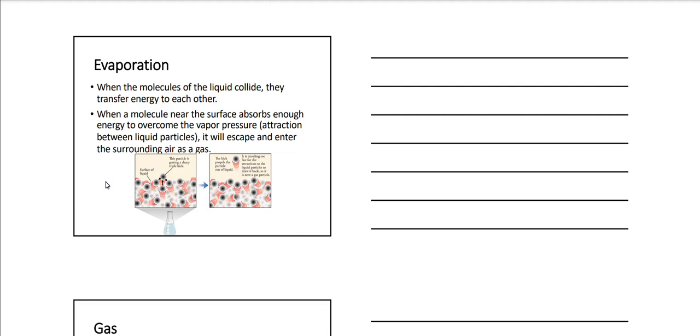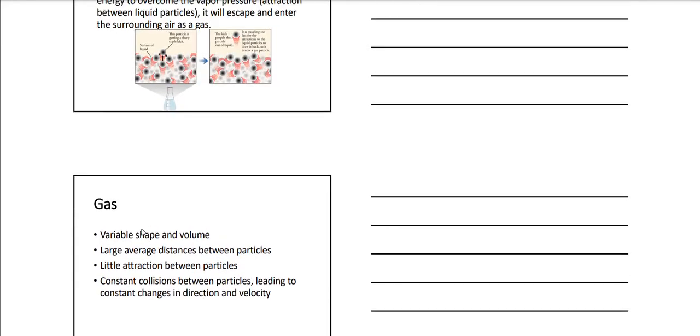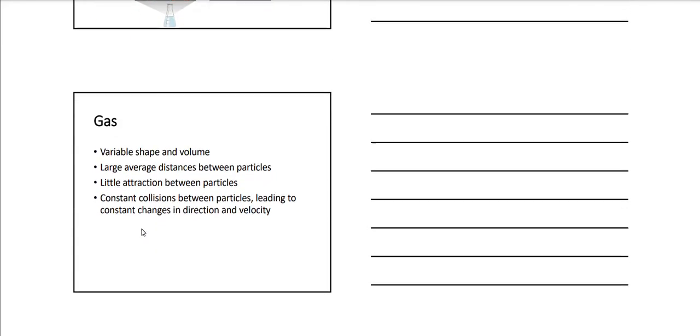So on top of the energy that you're adding, there is energy being transferred between every single particle. When a molecule near the surface absorbs enough energy, it breaks that bond and goes into the atmosphere, it escapes, forming the gas. So that's evaporation. Keep in mind and try to differentiate between melting point and evaporation.